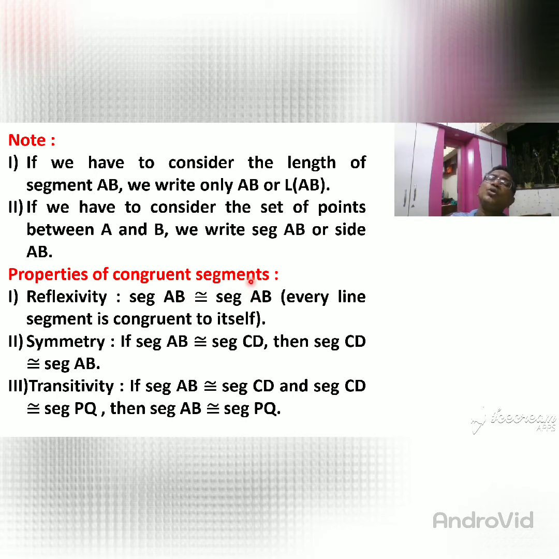After triangle, if you want to write the property of congruent angles, then instead of segment you write the angle, for example angle ABC congruent to angle ABC, ABC congruent to PQR, PQR congruent to ABC, and ABC congruent to PQR, PQR congruent to XYZ, so ABC congruent to XYZ. Do you understand? Remember that this property of congruent segments is very important.